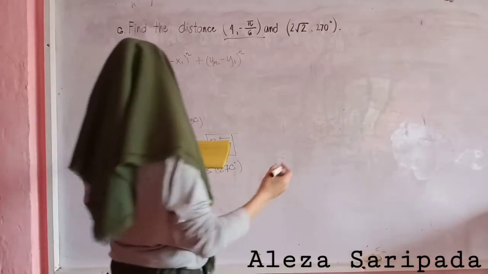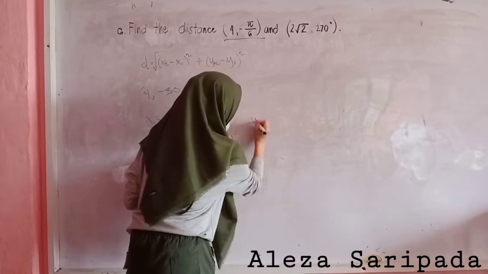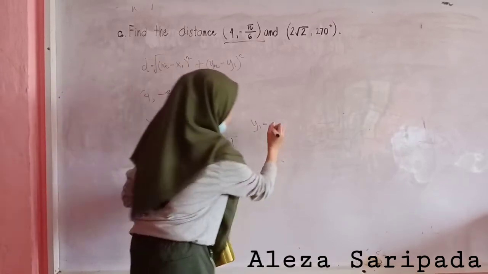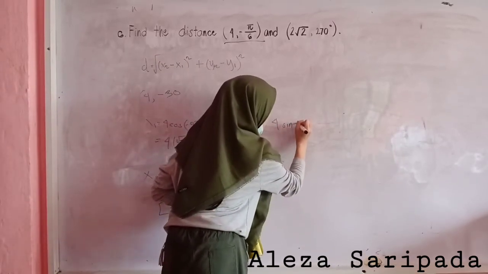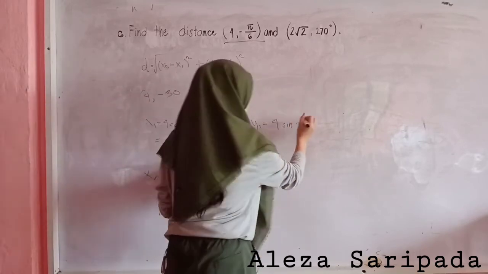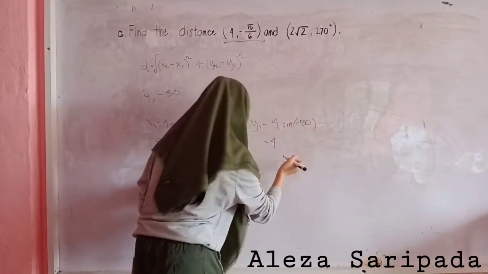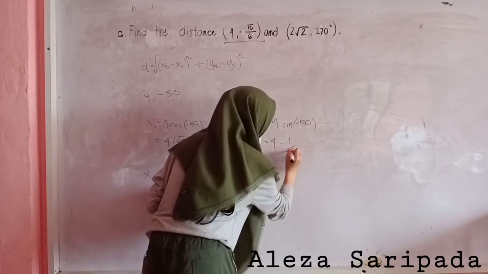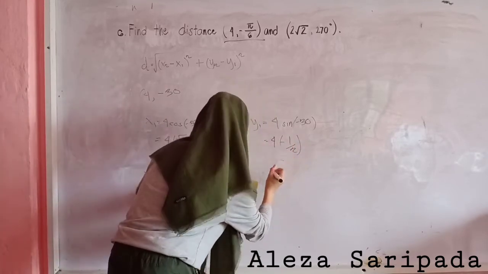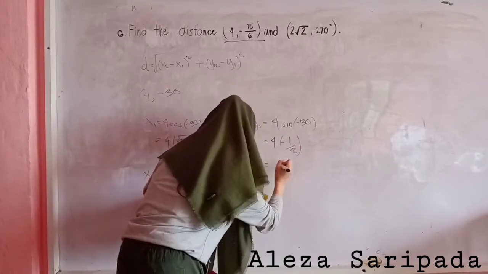Then y sub 1 equals 4 sine negative 30. Sine of negative 30 equals negative 1 half, then times 4, negative 2.